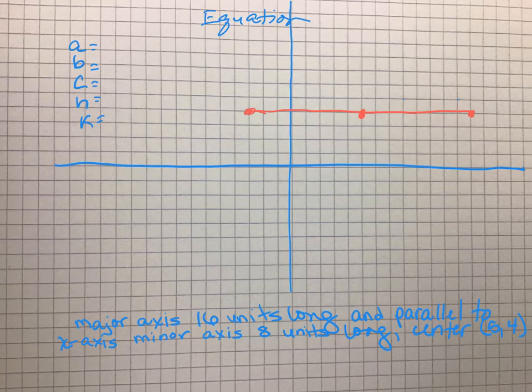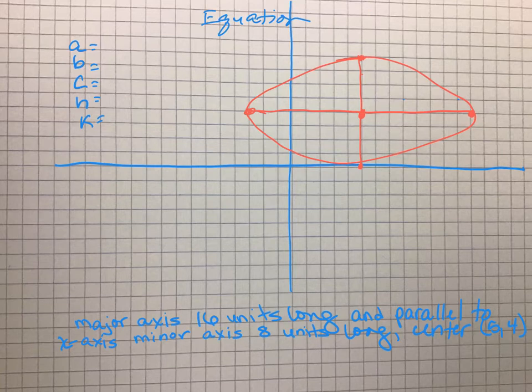Now, the minor axis is 8 units long. That means I'm going to go up 4 and down 4, and draw a line through them. The ellipse would look something like this, and bear with my drawing, my ellipses look more like footballs.